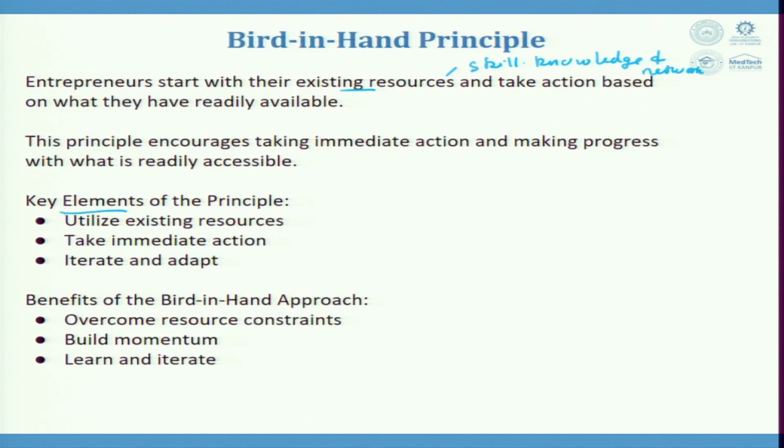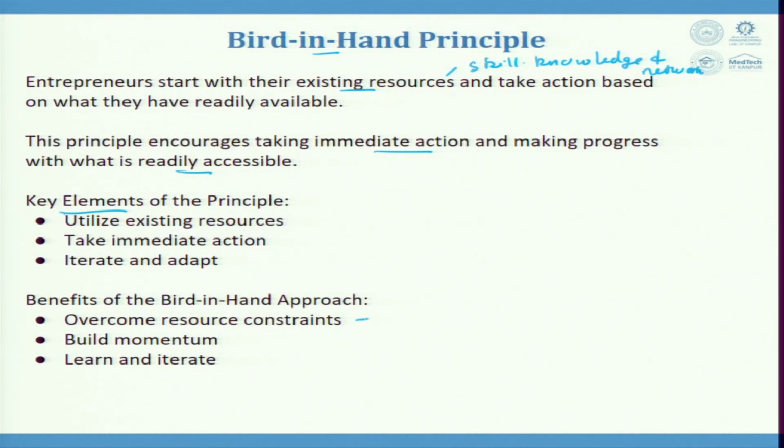So, bird in hand means the limited resources, the knowledge you have, the network you have, and taking action based on what is readily available to them.